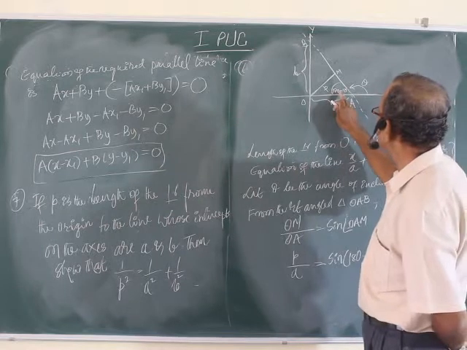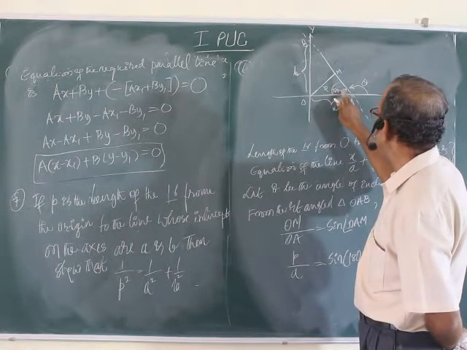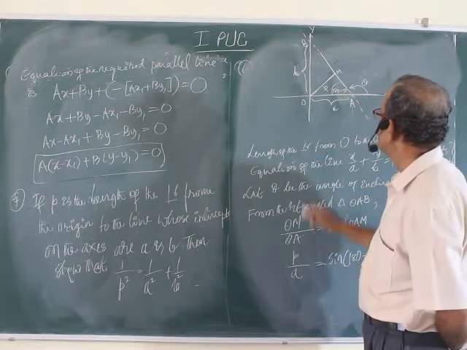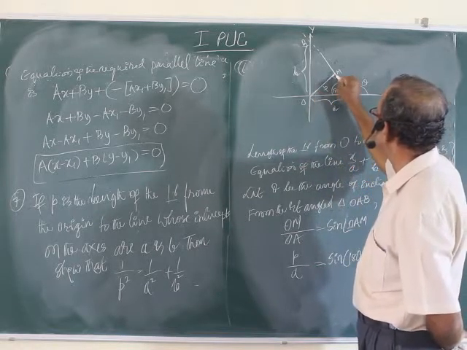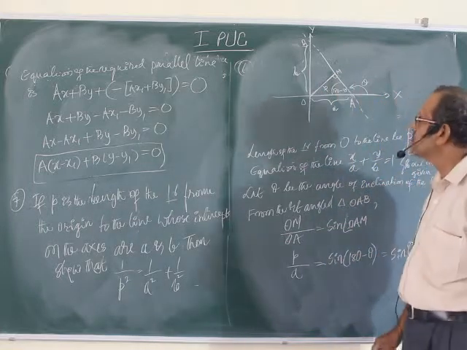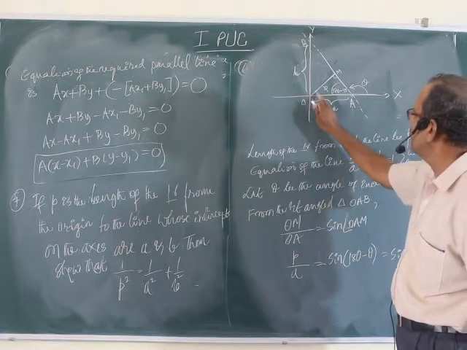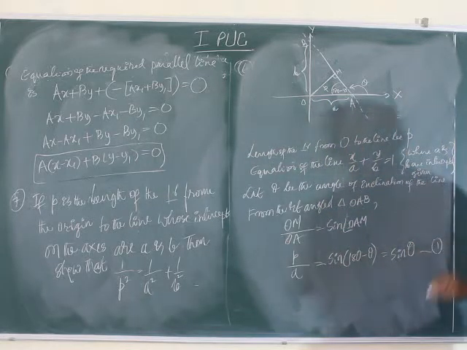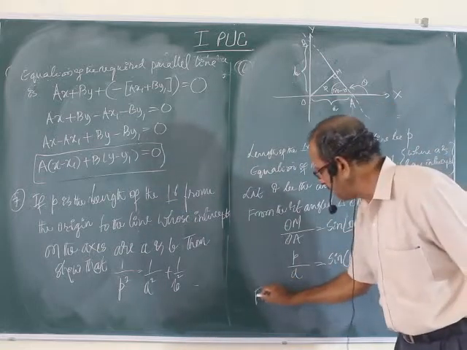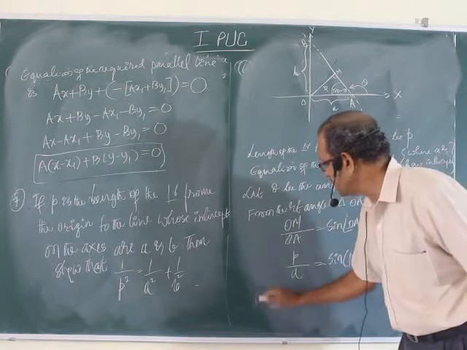If this one is 180 minus theta, what about this angle? This is 90. Let me write the angle first.